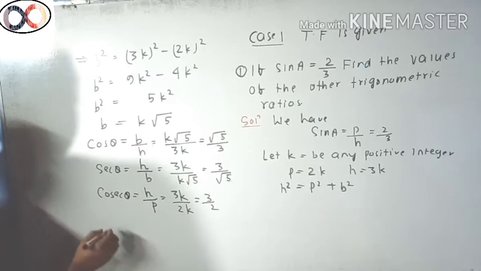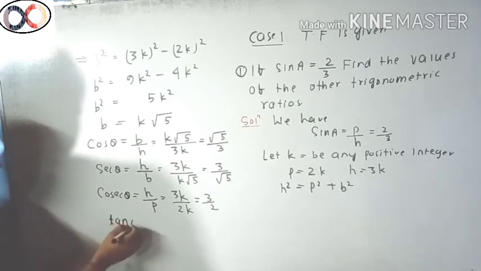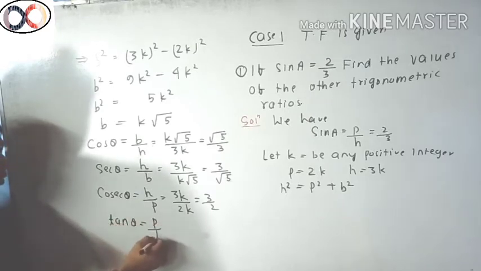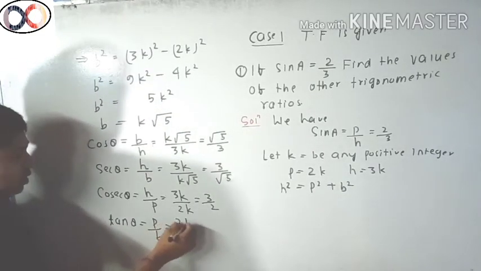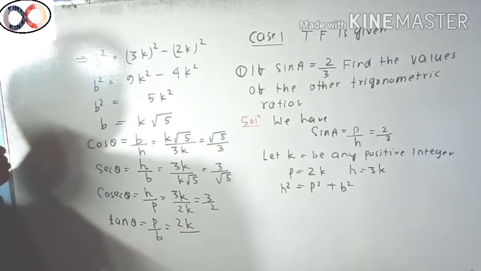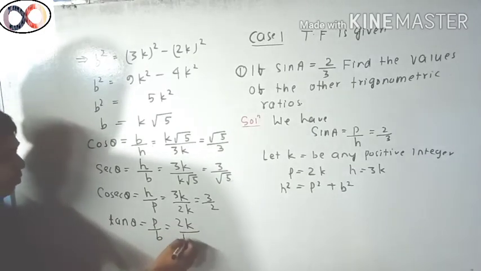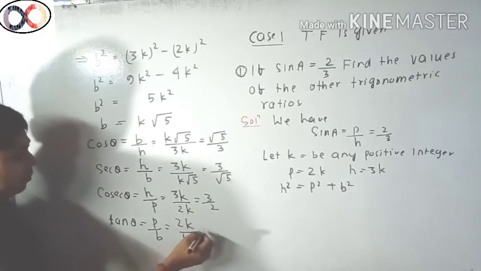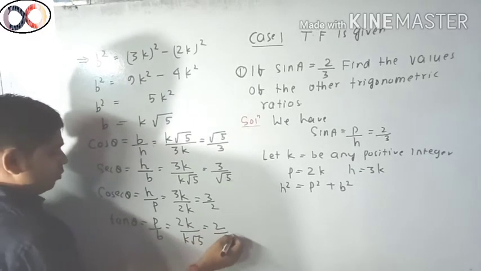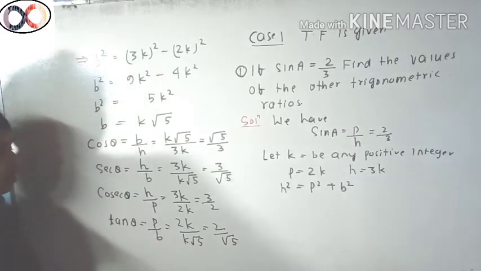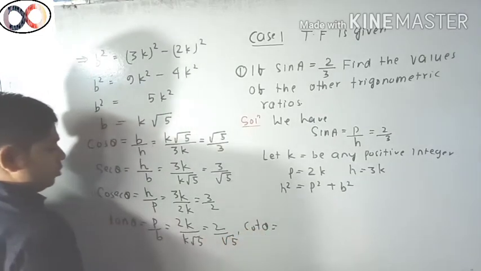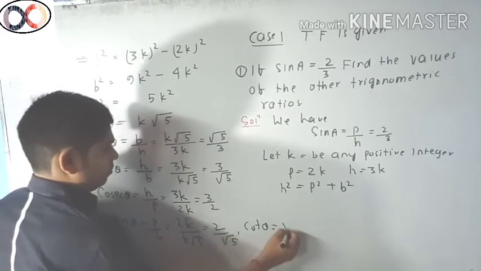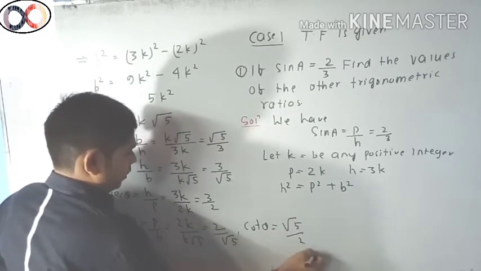Next, tan theta equals P by B. P equals 2K and B equals K root 5, K will be cancelled, so 2 by root 5. Then cot theta equals B by P, so it will reverse: root 5 by 2.